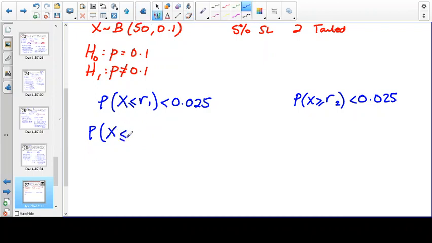So let's go smaller. I'm going to go for 1. 1 is 0.0338.